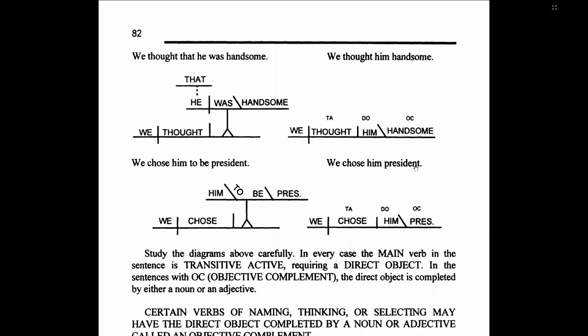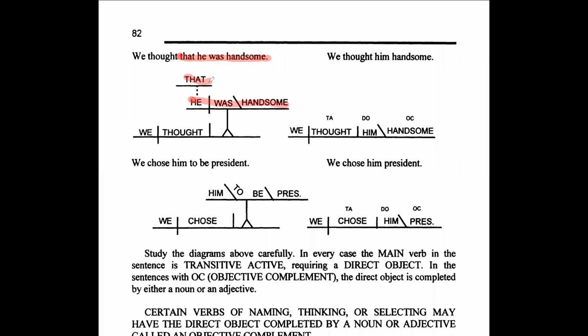Okay, we thought that he was handsome. So what did we think? We thought that he was handsome. That he was handsome is the object, and we know it's a noun clause, right? Because it's an object. What's another way of saying that?